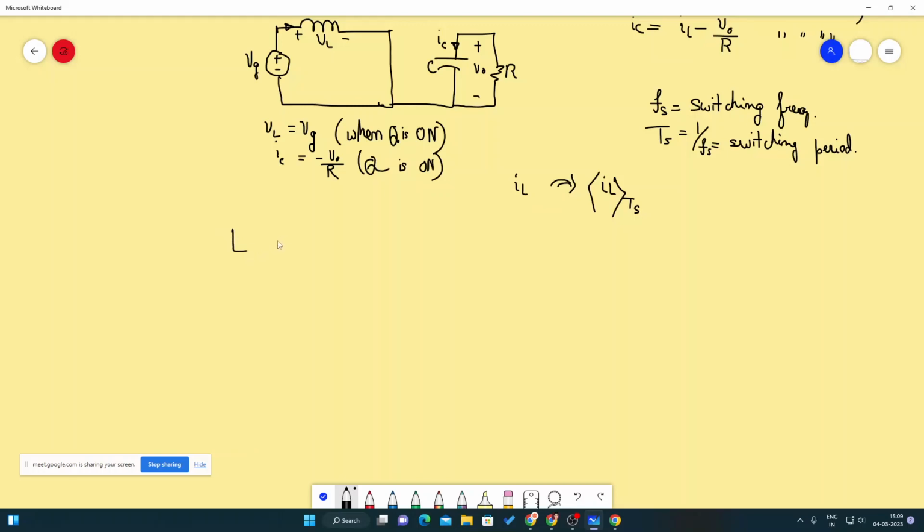VL I can write as L dIL by dt, which equals Vg when Q is on, and L dIL by dt equals Vg minus V out when D is on.